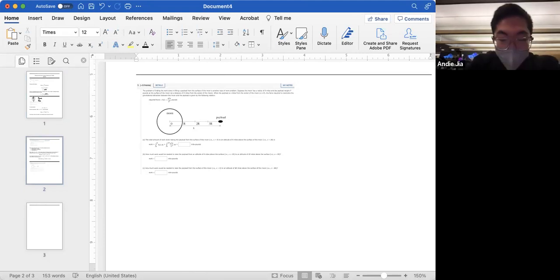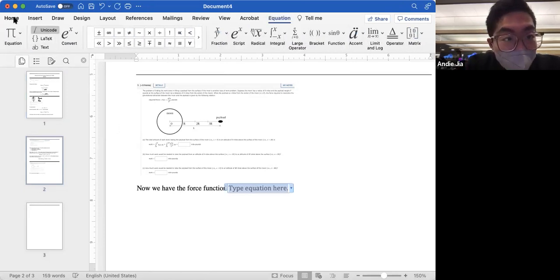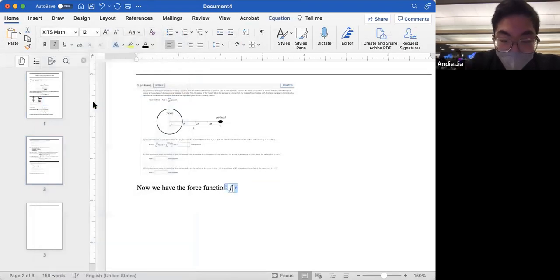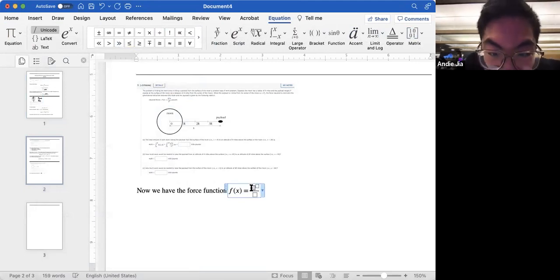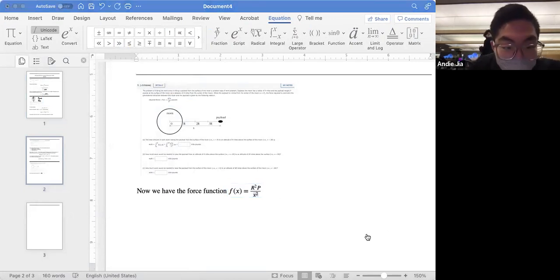So now we have the force function, F of x equal to this expression, with x squared, in pounds.